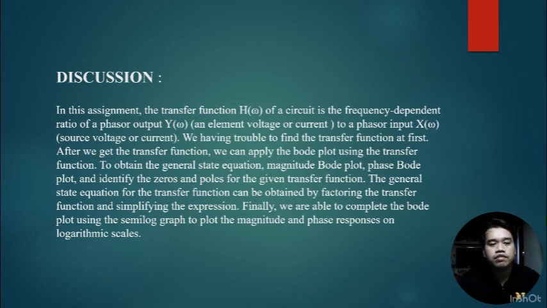After we got the transfer function, we could apply the Bode plot using it, to obtain the general standard equation, magnitude Bode plot, phase Bode plot, and identify the zeros and poles for the given transfer function. The general standard equation can be obtained by factoring the transfer function and simplifying the expression. Finally, we are able to complete the Bode plot using the semi-log graph to plot the magnitude and phase response on logarithmic scales.